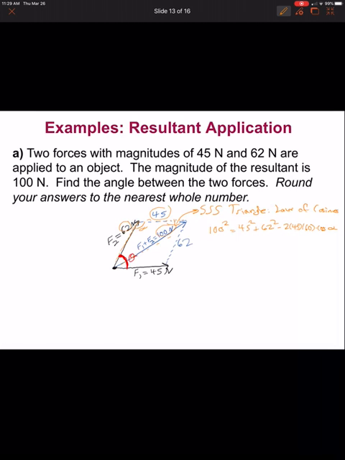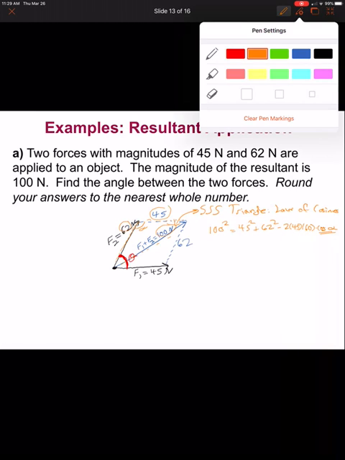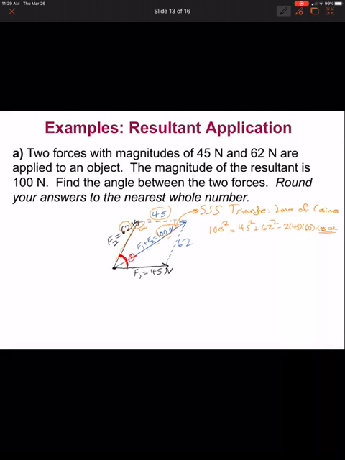Now we can solve for alpha. We've got to get the cosine alpha term by itself, so let's do a little algebra. Let's move these two constants over. We subtract 45 squared and subtract 62 squared from the other side. With that, we have 100 squared minus 45 squared minus 62 squared equal to negative 2 times 45 times 62 times the cosine of alpha.